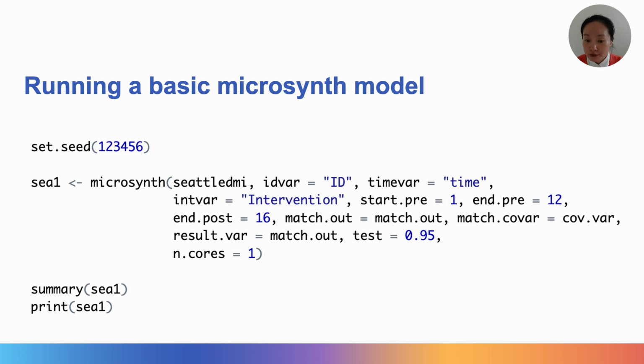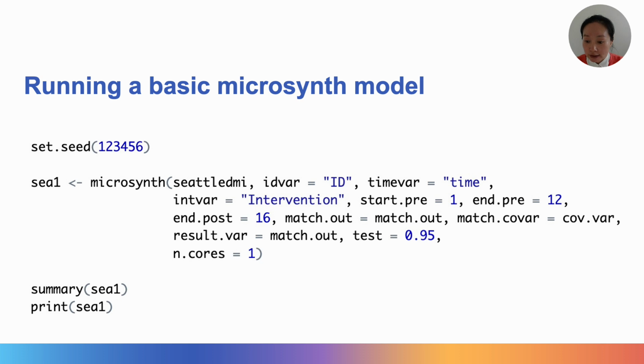Then we refer to the name of the dataset, the ID variable. Remember, we're doing analysis at the block level. Then we specify the time variable, which is the time column in our dataset. The intervention variable in our dataset is called intervention.